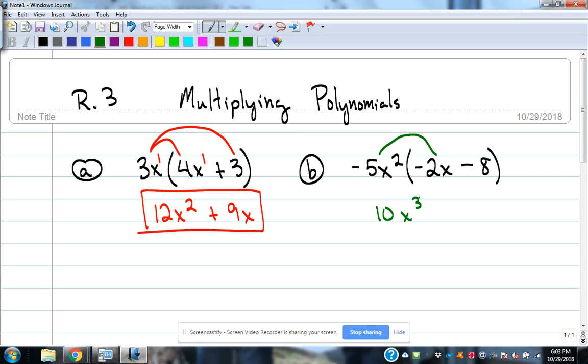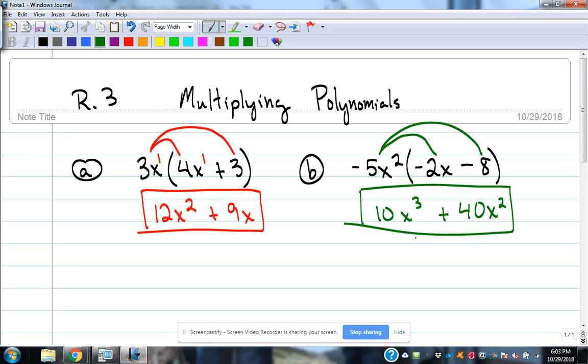Good job. And then the next piece. Plus or minus? There you go. Good job. You can distributive property. You can do multiplying polynomials.